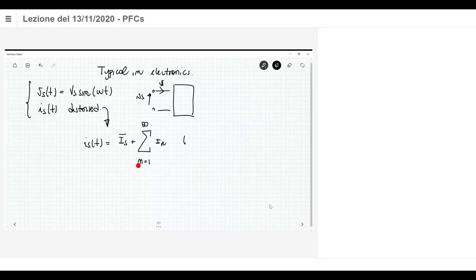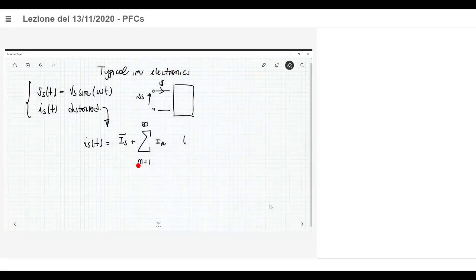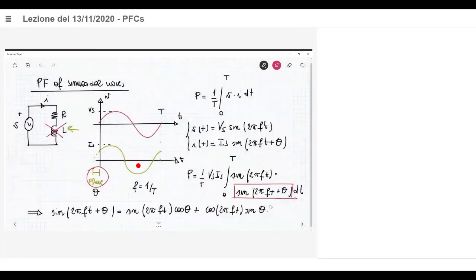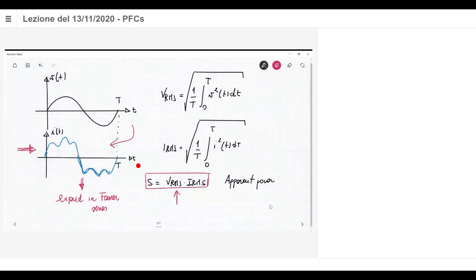For computation it is better to use the cosine, or you can use the sine, as I used already before: sine of 2 pi f n t plus phi n, which is the phase. In typical situations the average value is null, like the waveform I showed you at the beginning of this class, in which the current is distorted, the voltage is not distorted, and the current has a null average value.